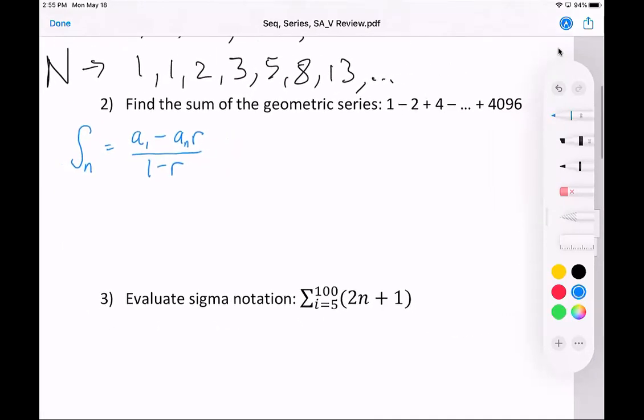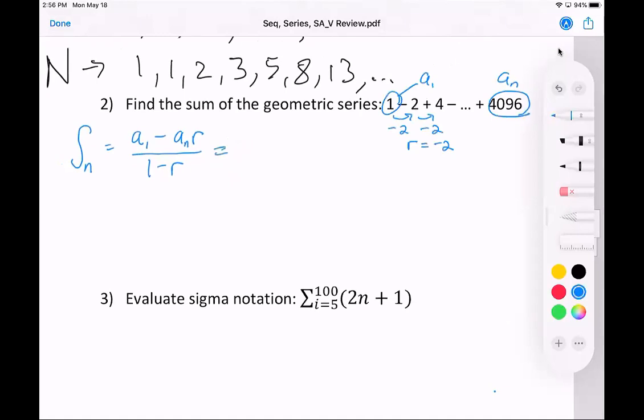So in this example, it looks like it's multiplying by -2 each time. So r is -2. Your first term, a sub 1, is 1. And your last term, a sub n, is 4096.